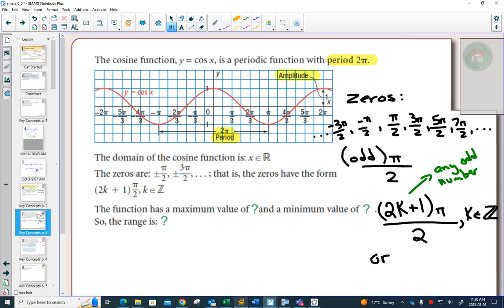And it's going to build on the idea of what we did with coterminal angles. Do you remember, if I said, what are all the coterminal angles? Let's do it both in degrees and radians just to review. If I said, what are all the coterminal angles with 30 degrees? Do you remember that we did 30 degrees plus 360 degrees times k and said k could be any integer?